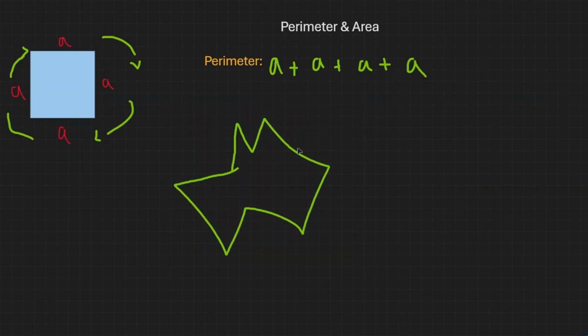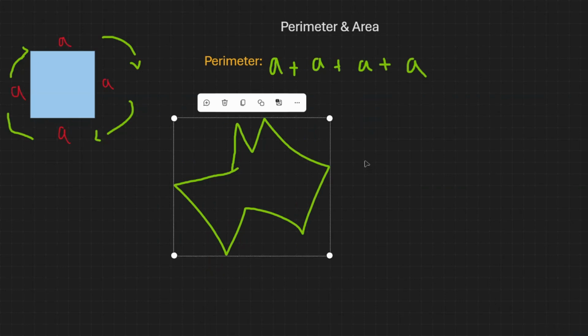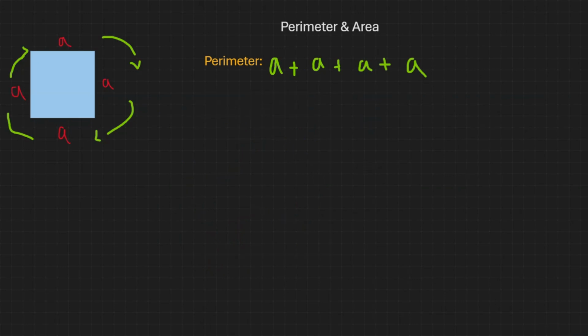The next thing is to calculate the area of the square. Alright, so the area is actually equal to, I'm going to remove these arrows maybe.